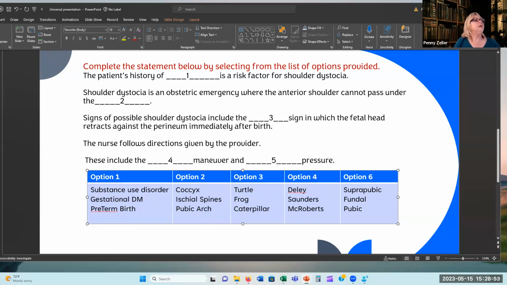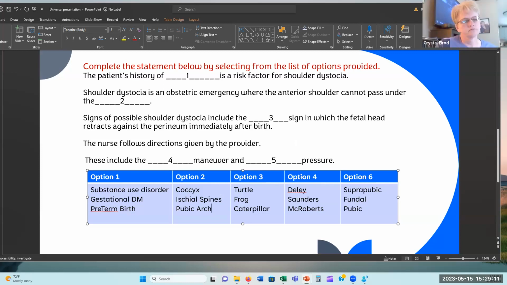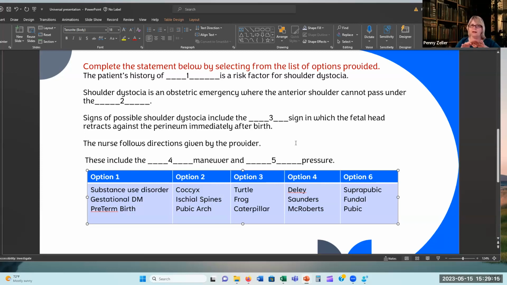Good. Signs of possible shoulder dystocia include what sign in which the fetal head retracts against the perineum immediately after birth? Turtle sign. It'll pop out, then it'll want to pop back in because that shoulder is stuck, if you can imagine that. So it's the turtle sign.